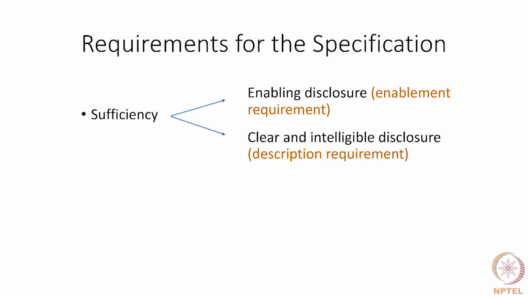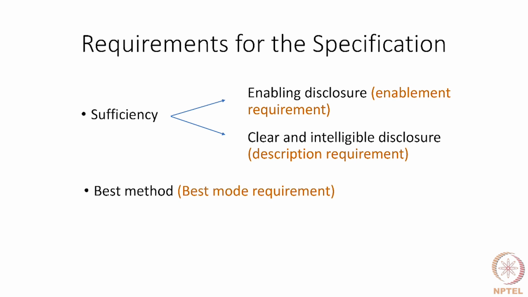So if it is not clear, you could say that it is not clear, hence it is not enabling. Fine, it's quite possible to say that. But clear and intelligible is a separate requirement, because even if the claim enables a person skilled in the art to perform the invention, if it is unclear and not intelligible, that itself can be a reason why a specification can come under scrutiny and challenge.